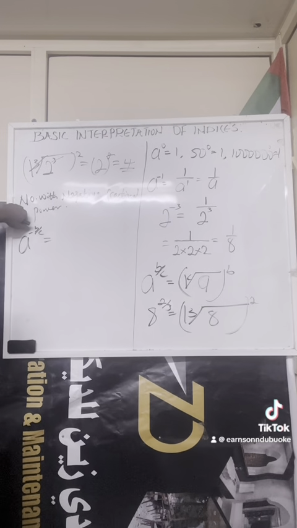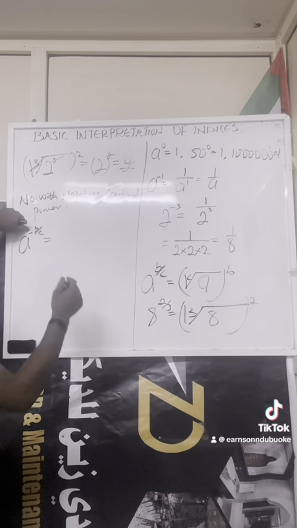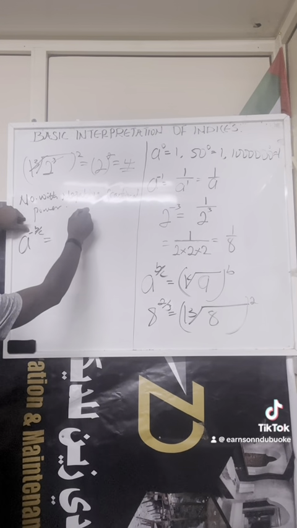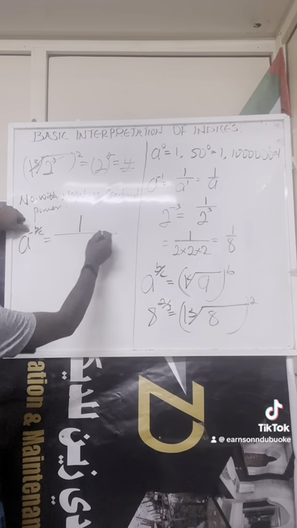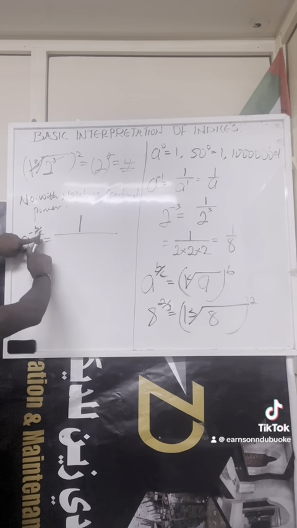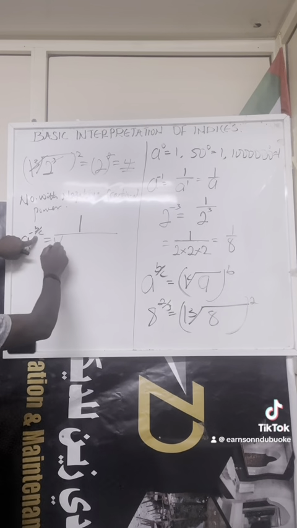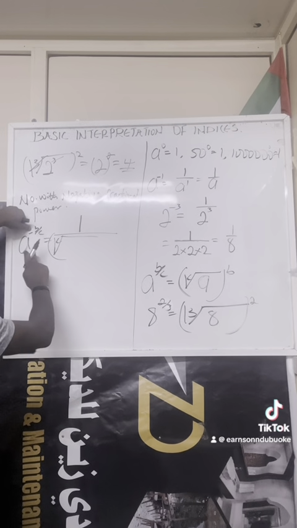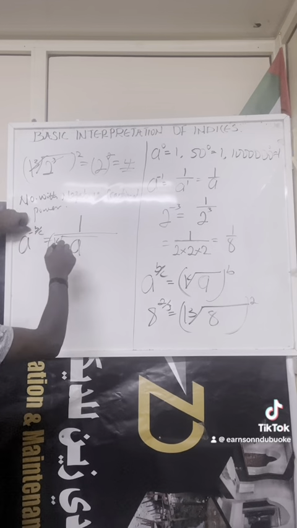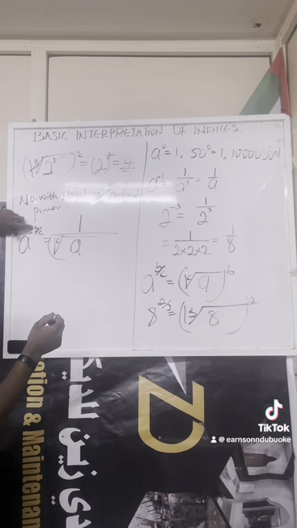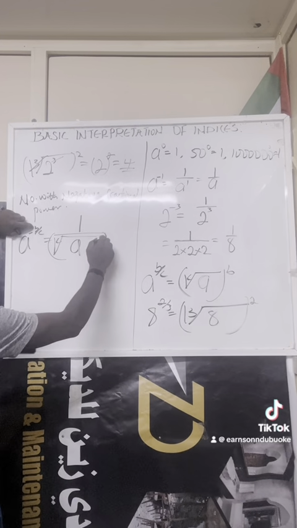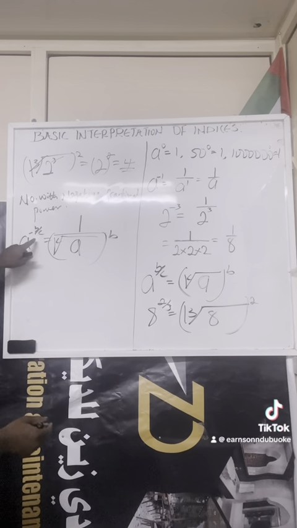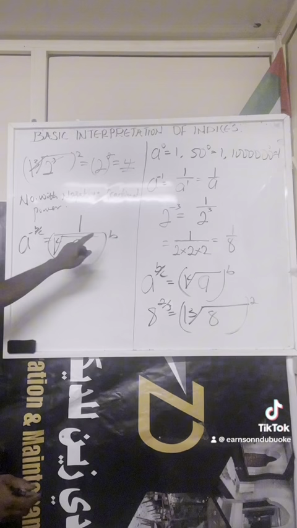So this negative we also take as the reciprocal. We start from the negative, which equals 1 all over, since the denominator of the fraction stands as the root, which is root c, while the number stands under the root, and the numerator of the fraction will stand as the power of the result remaining, which is raised to the power of b. I have converted this into this shape.